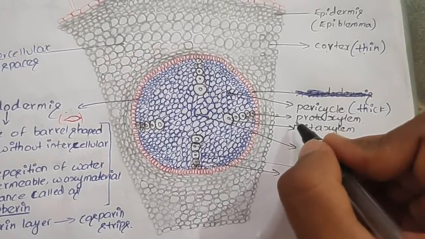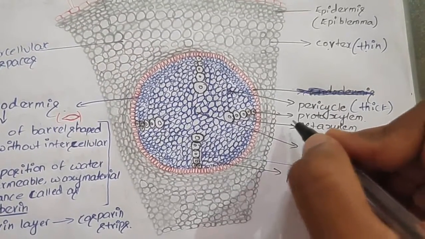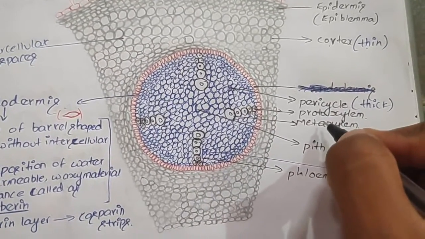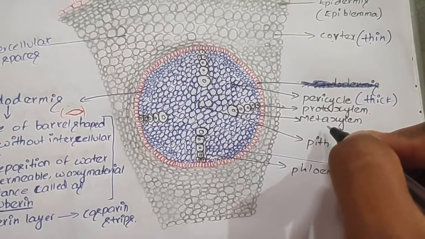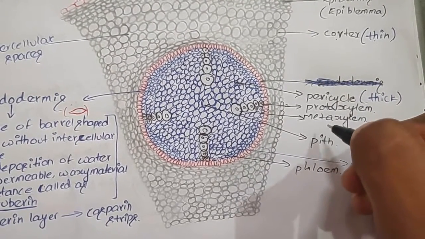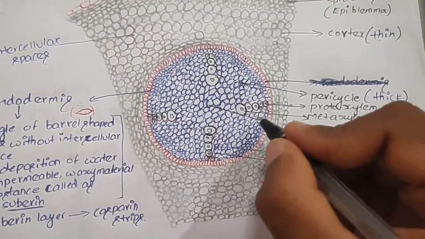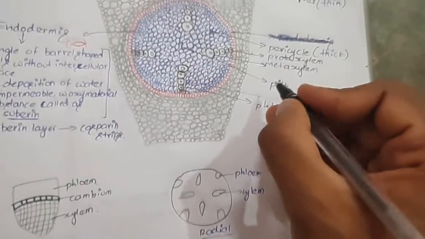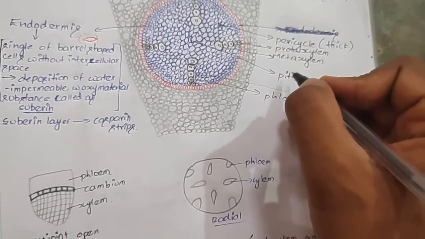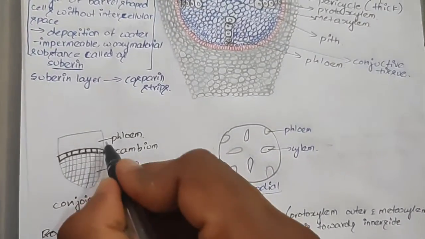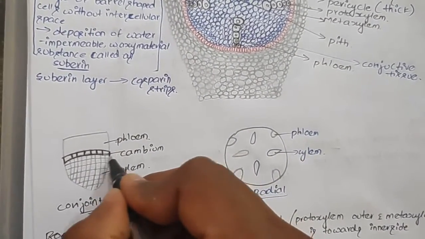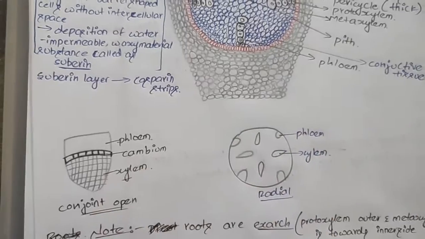Exarch means the protoxylem, which is the first formed xylem, is present towards the outside, towards the endodermis, and the metaxylem, which is the later formed xylem, is present towards the inner side. And the vascular bundles are conjoint open type. Conjoint open type means between the phloem and the xylem, the cambium ring is present.